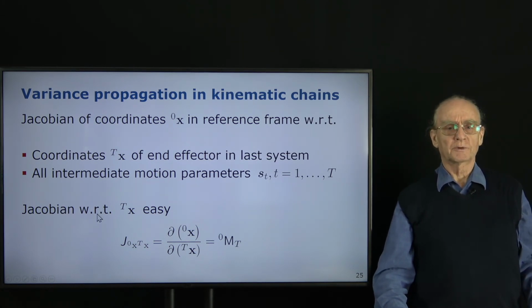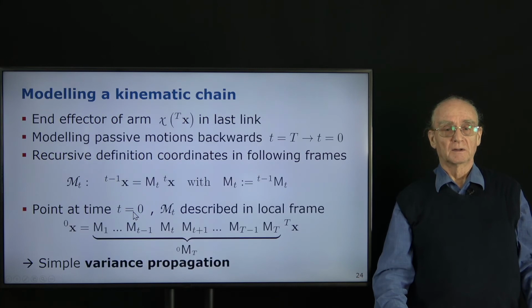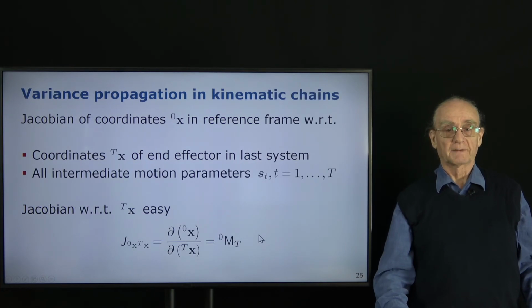Now the Jacobian with respect to x_T is easy. So we have just x_0 is this matrix multiplied with x_T. So actually this motion matrix is the Jacobian of x_0 with respect to x_T. So this is easy. We directly see this.